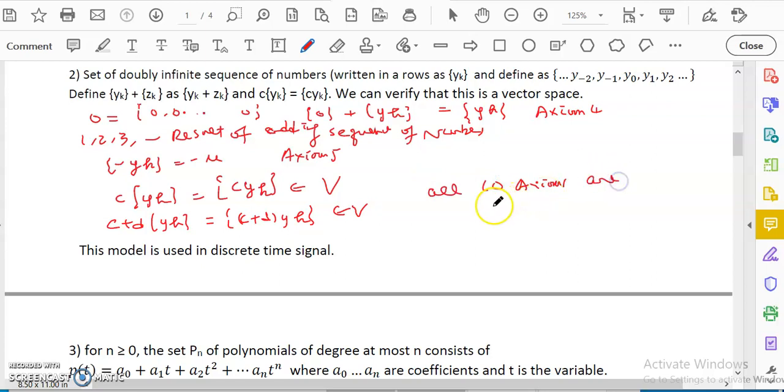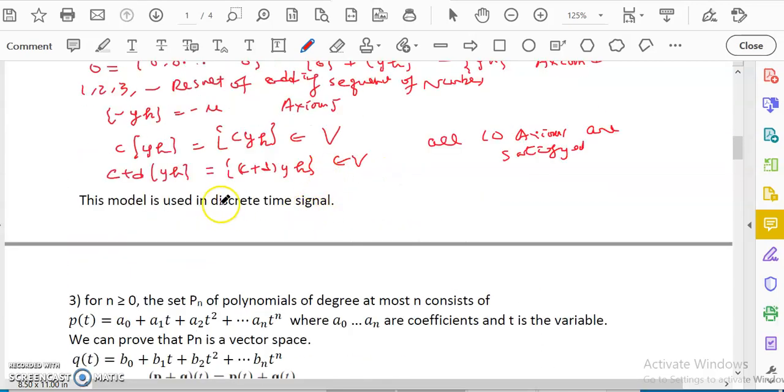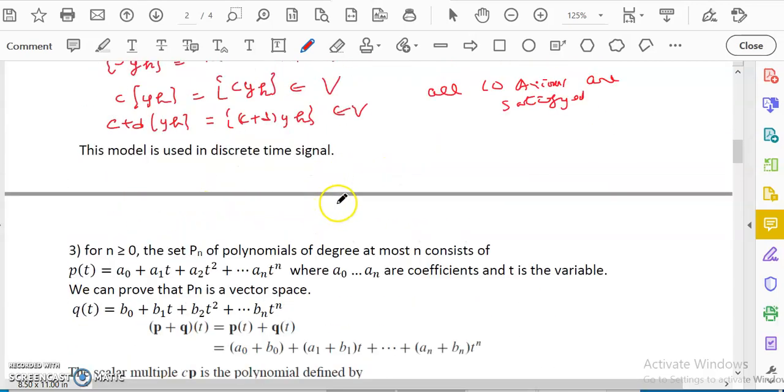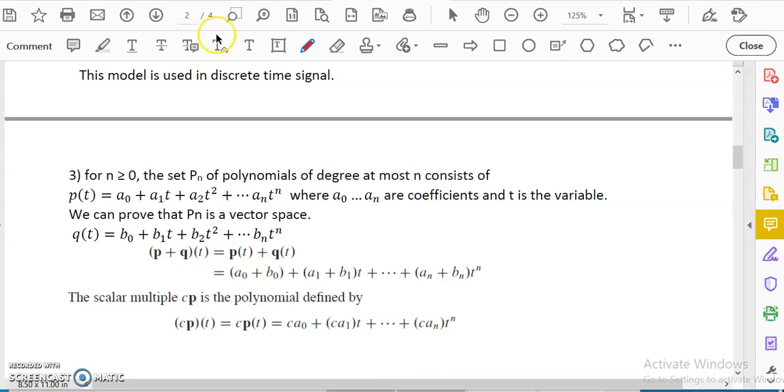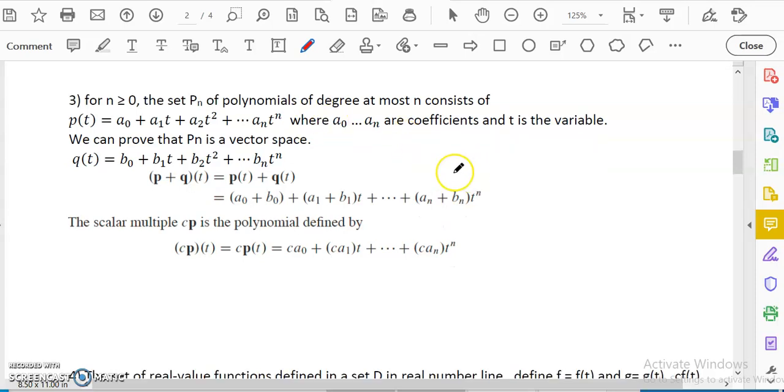So any rule that we can use to describe a vector space, we can use it to work on infinite sequences. And infinite sequences are used in discrete-time signaling. The third set we frequently visit in this book is the set of polynomials.